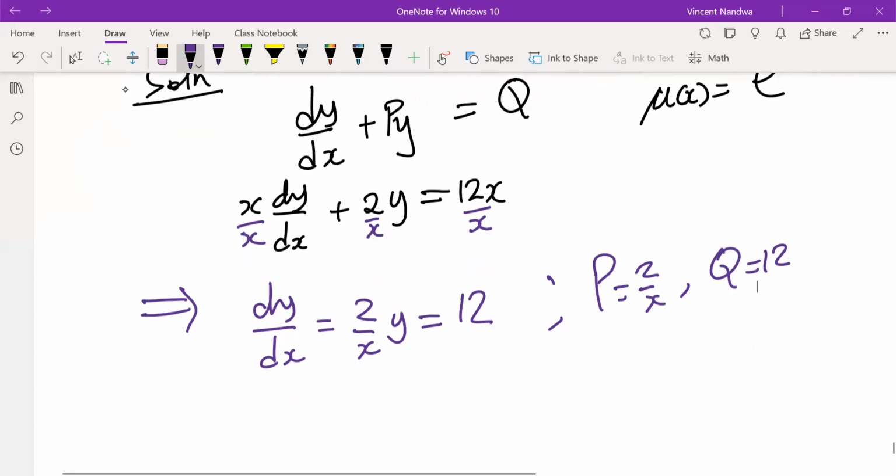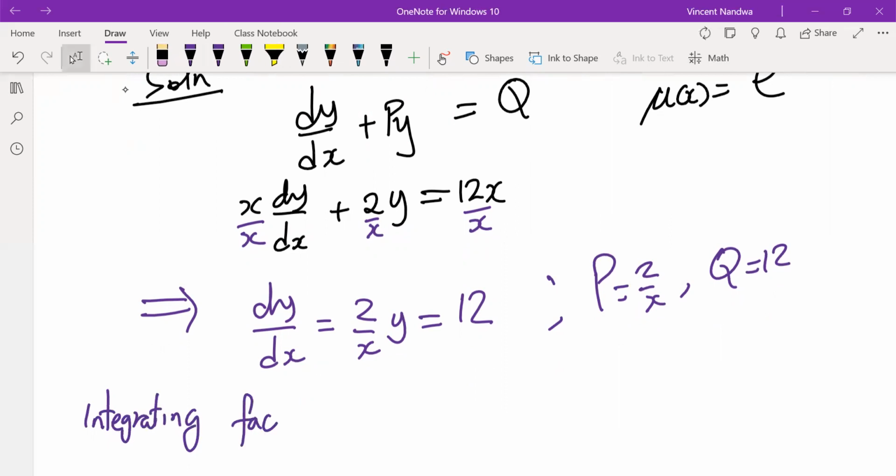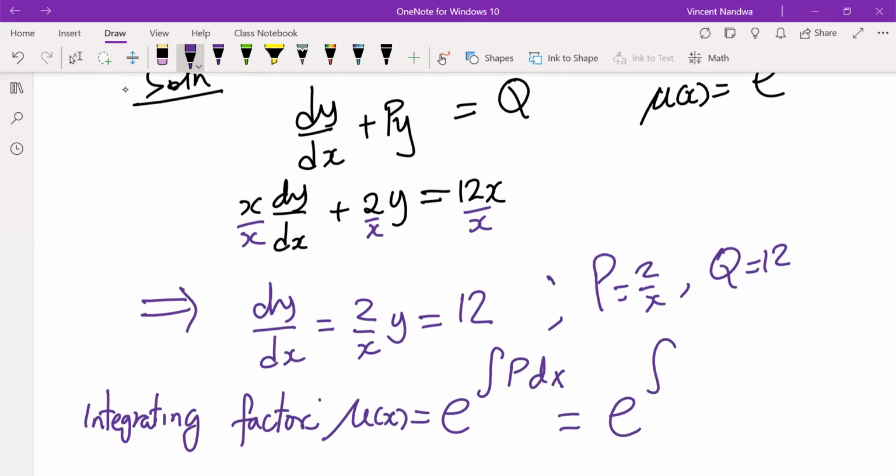Now, next we get the integrating factor, the so-called mu of x, which is e raised power the integral of P dx, which will be e raised power the integral of 2 over x dx.